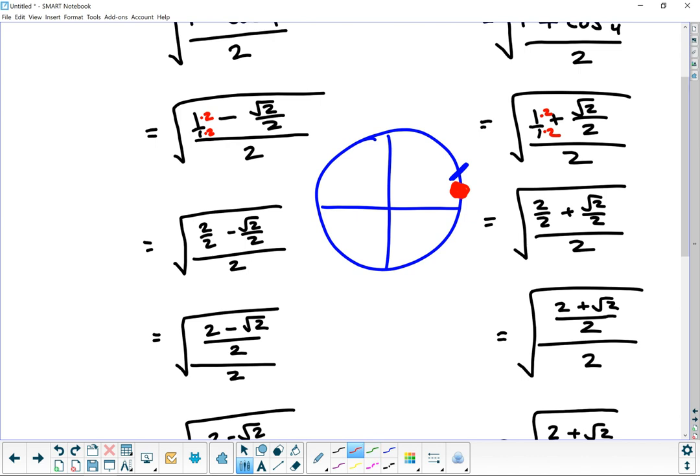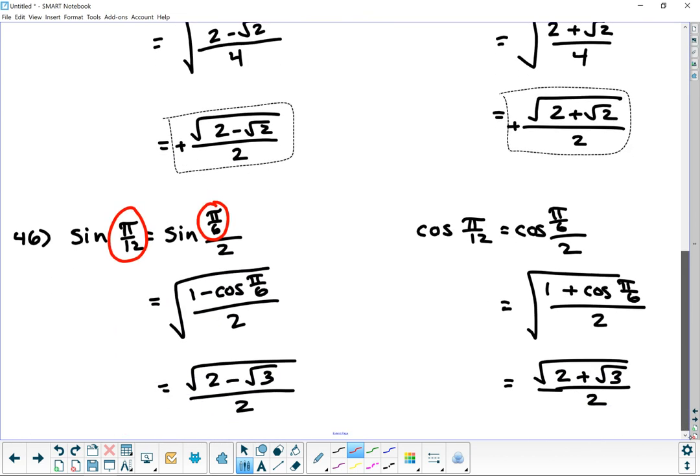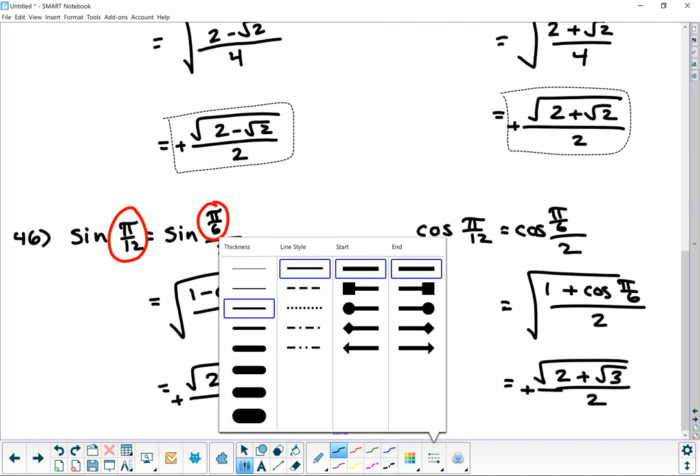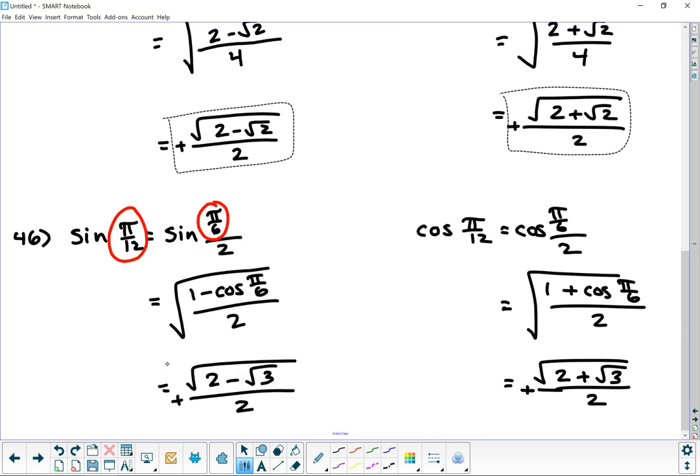Which means my sine is going to be positive because I still have to go up to get there. My cosine is positive because I still have to go to the right. So my answers are positive and positive, just like number 41. And I'm willing to bet if somebody converts pi over 12, you will get 15 degrees.